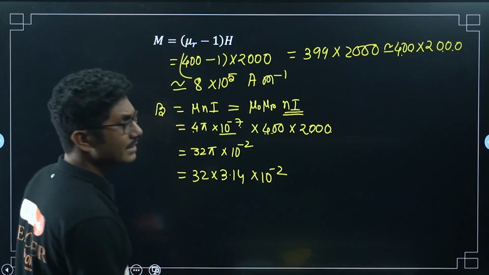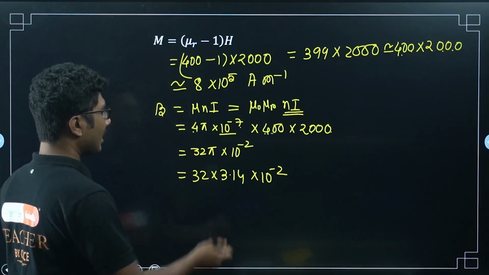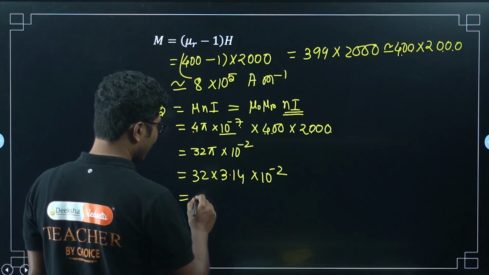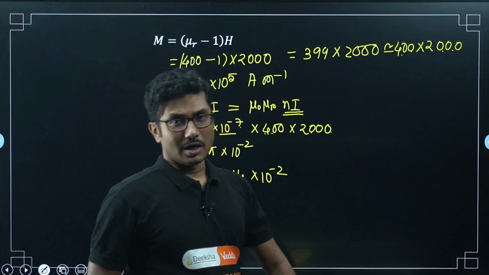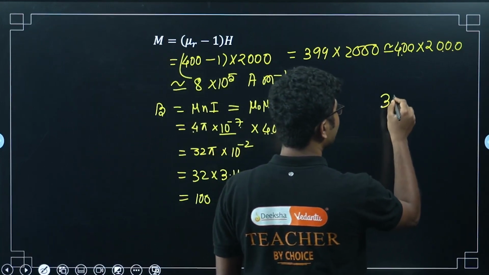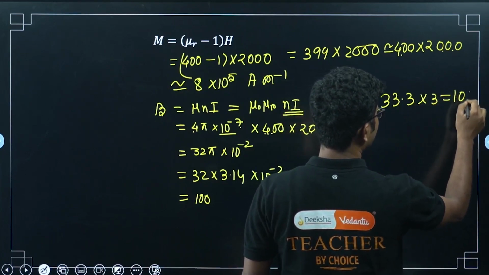It is 96, but there is a 0.14 also, so we can approximately take this value as 100. 33.33 times 3 is 100, right?